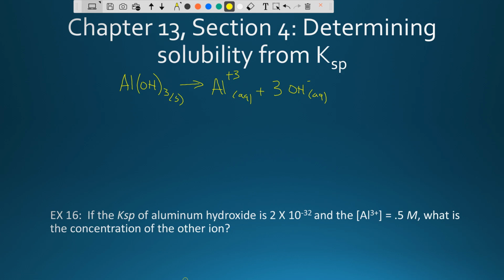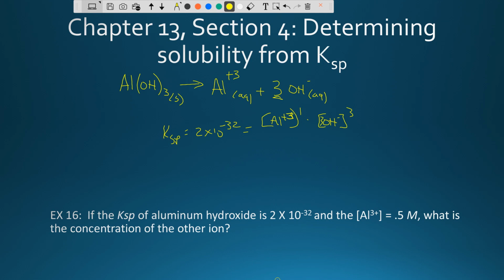Now I can plug things in, and I see that my Ksp is 2 times 10 to the negative 32. That will equal my aluminum concentration, and there's only one of those, times my hydroxide concentration, and that should be cubed because my coefficient is 3.